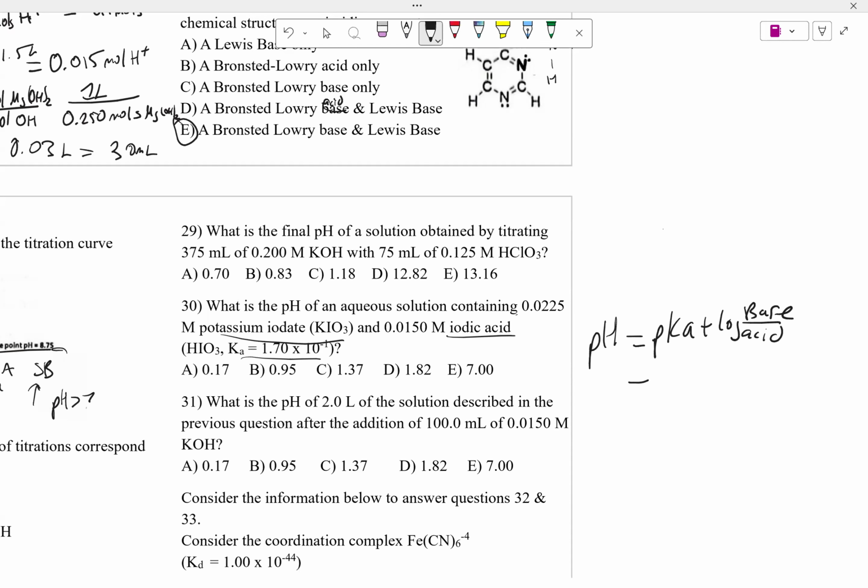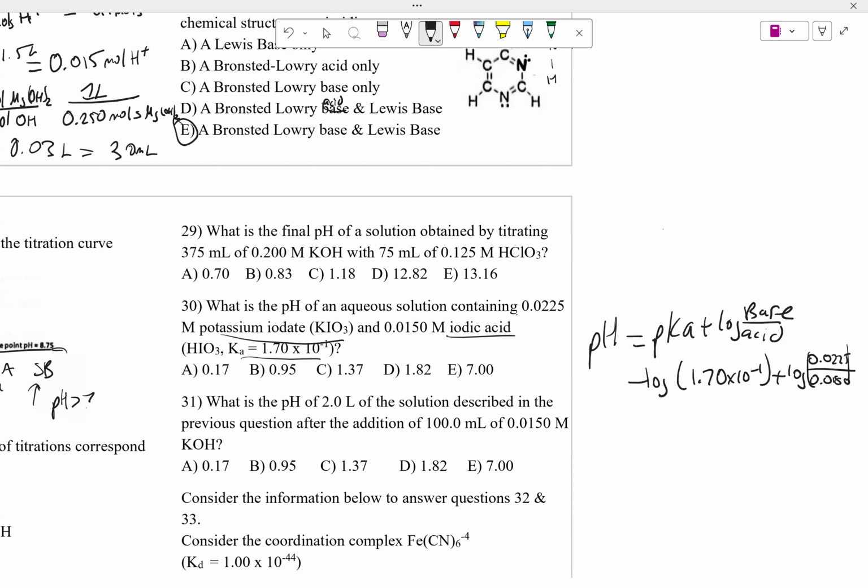So it's going to be negative log of 1.70 times 10 to the negative 1, plus log of base, in this case 0.0225, over 0.0150. And then you solve. Let me do that.